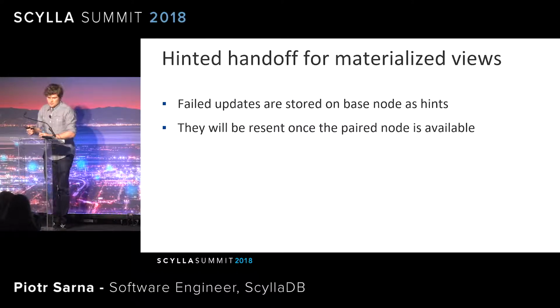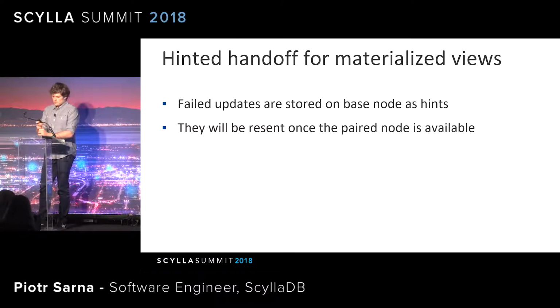Hinted handoff is a general mechanism that has been in Cassandra for a while already. Basically, it's used for user writes when it's not possible to send something to the replica. It can be stored locally for a while, and when the replica comes back up, we can just resend it. So we thought, well, why not use that for view updates as well?